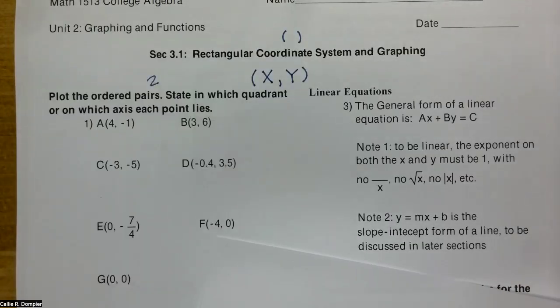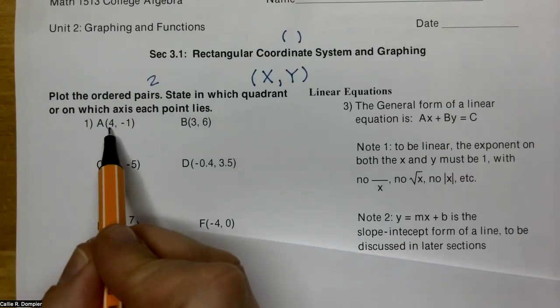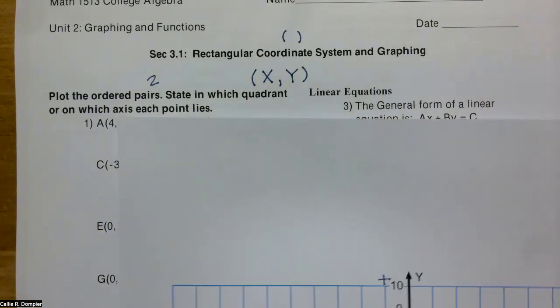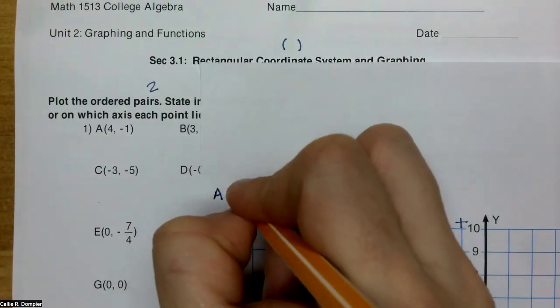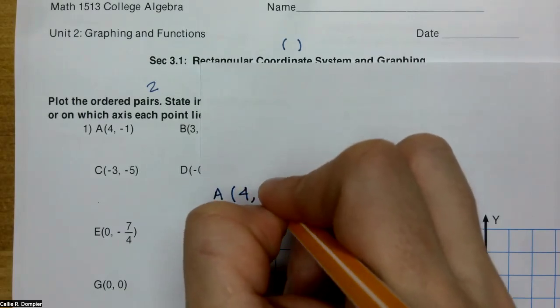So first I just want to plot A. I'll write it over here. Point A is (4, -1).